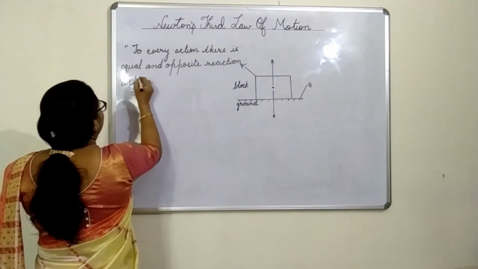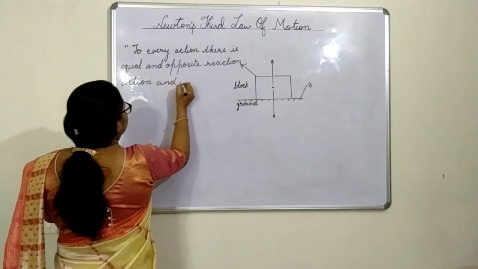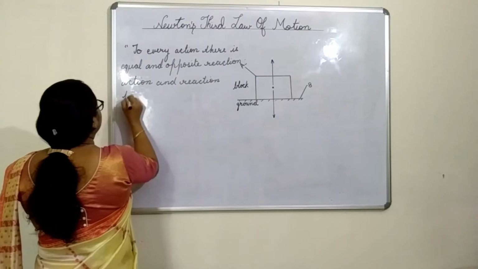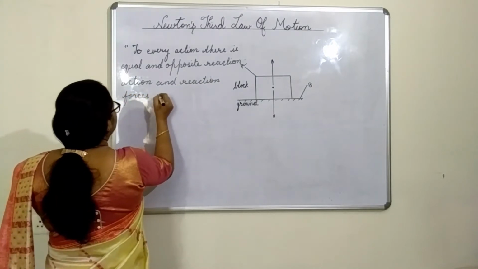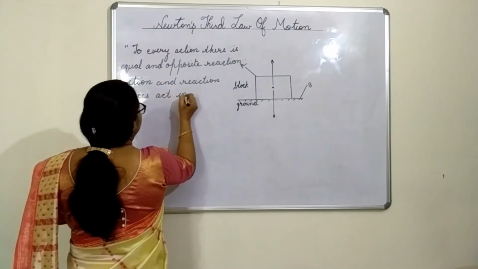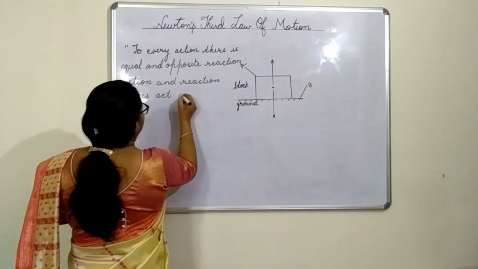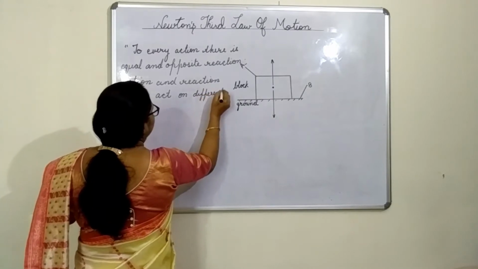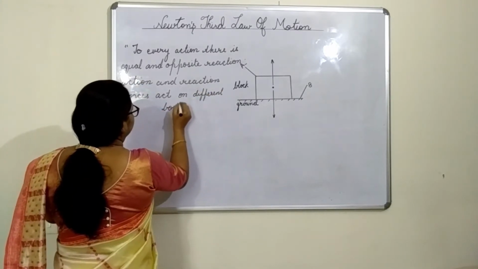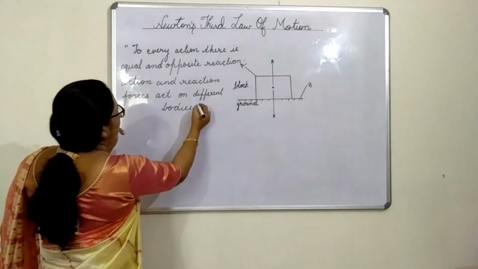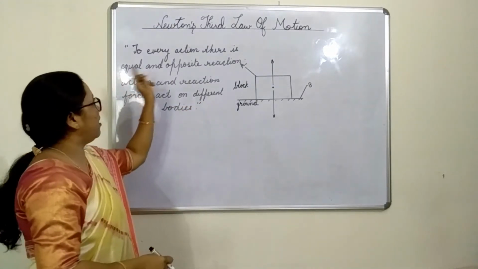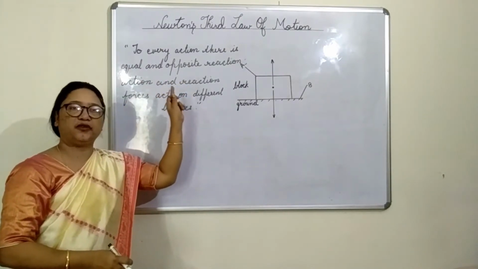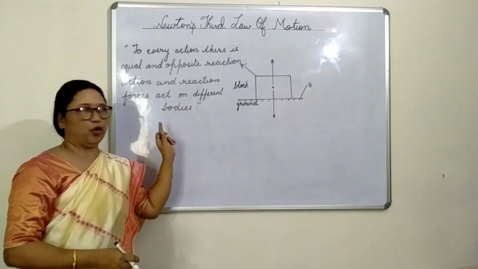Action and reaction forces act on different bodies. So this is Newton's third law of motion. To every action there is equal and opposite reaction. Action and reaction forces act on different bodies.